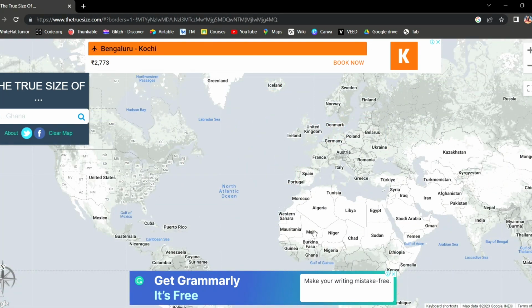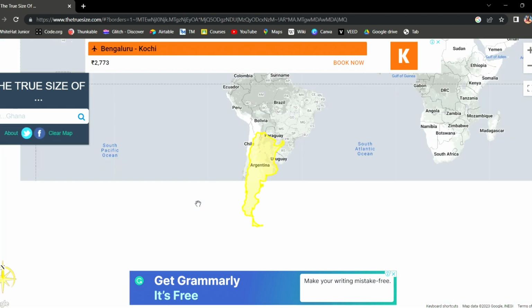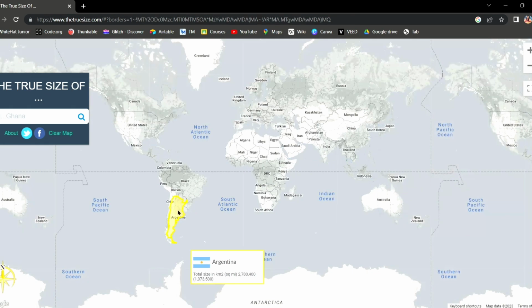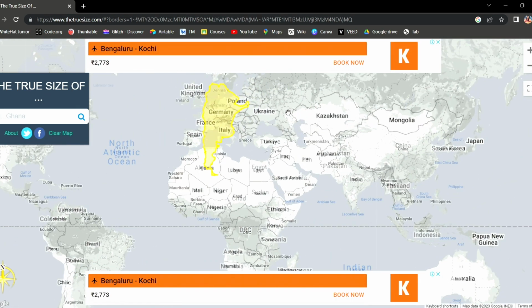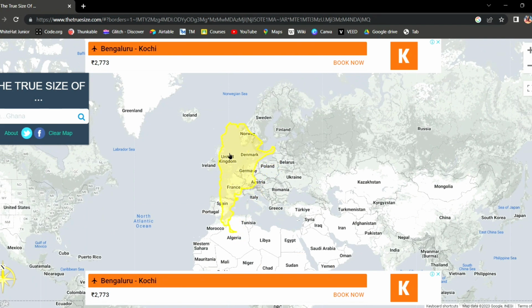Next is Argentina. So here we have Argentina. It is pretty large. It stretches from Algeria to even Iceland if you want. I think it reached Iceland.